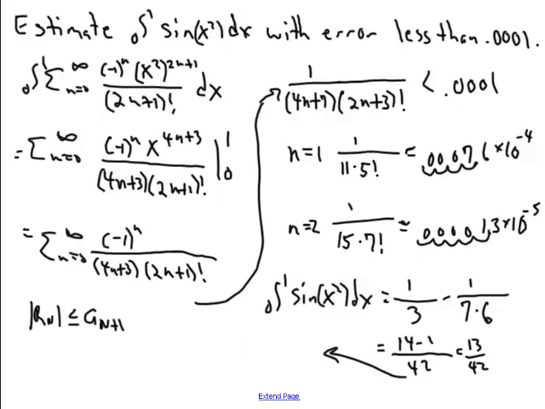We'll go into the calculator on this. I'm not doing long division out at the end of the semester. It's 0.3095. And that approximation is accurate with an error of less than 0.0001.